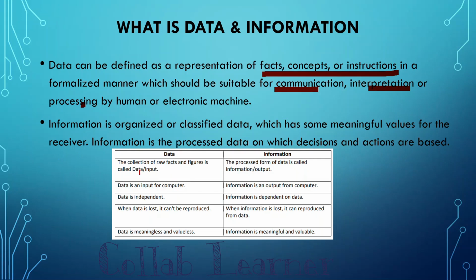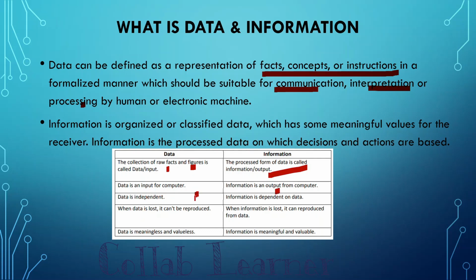So first thing, when we talk about data, the collection of raw facts and figures is called data, that is input which the computer is given, whereas information is processed data, which is called information or output. Data is input for the computer, whereas information is output for the computer.